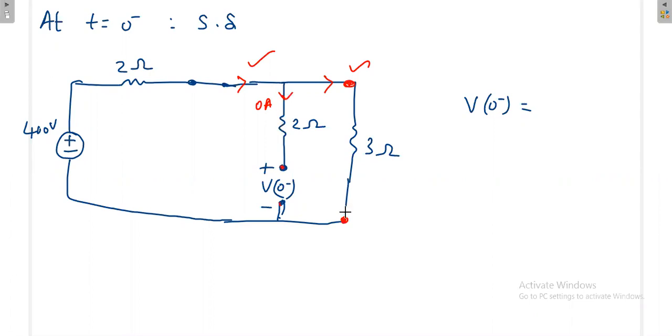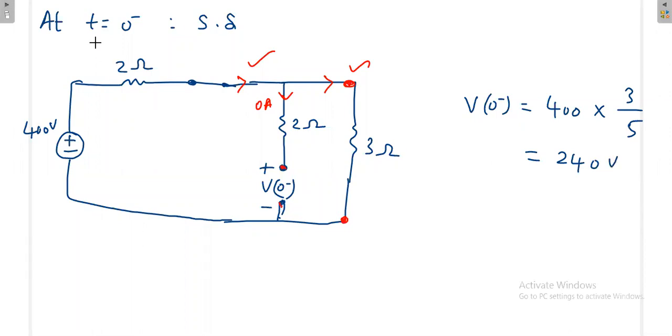When there is no current here, I can easily apply the voltage division. So that is 400 into 3 divided by 5. That is 240 volt.